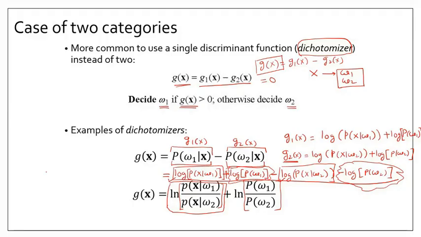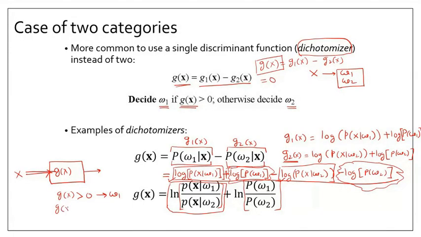I can use this as my discriminant function. So x is given to this box, and g(x) is calculated here. If g(x) is greater than 0, my decision is omega 1.